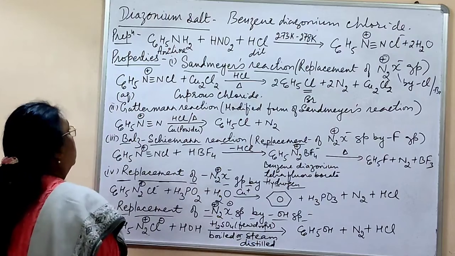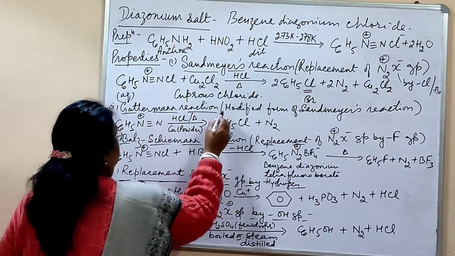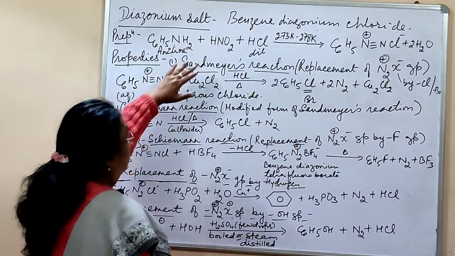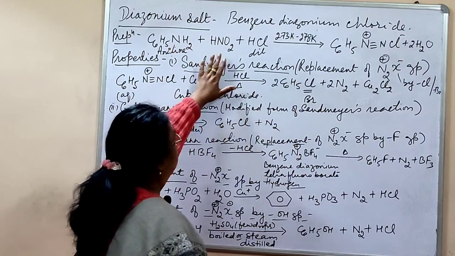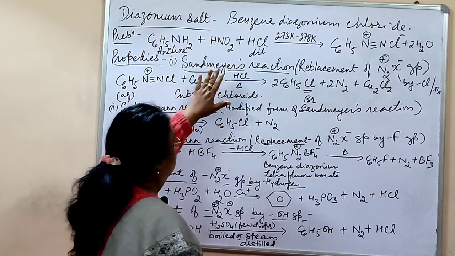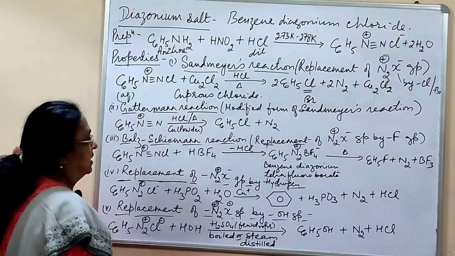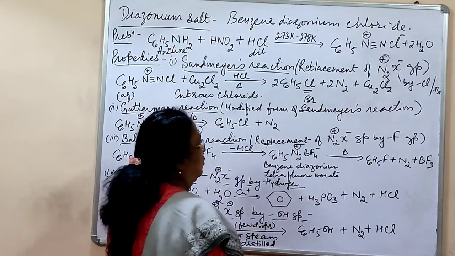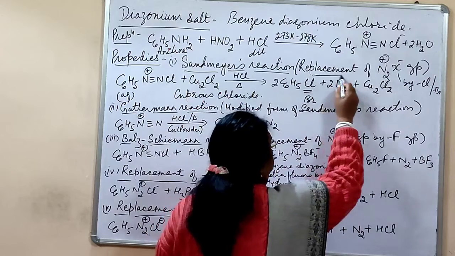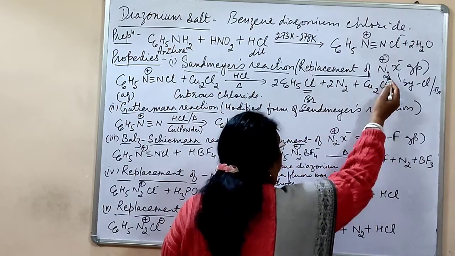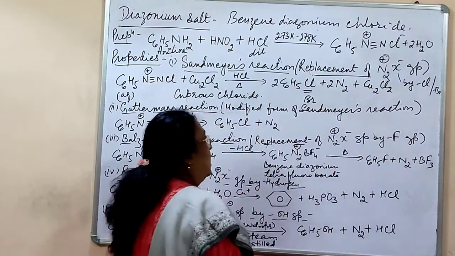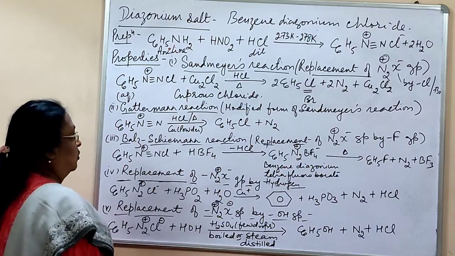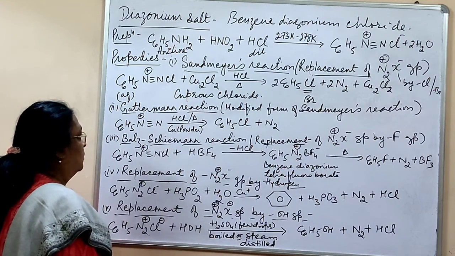Now, the next reaction is Gattermann reaction, which is a modified Sandmeyer reaction. In this reaction also the same thing is there. Your N2X group is replaced by a chloro or bromo group.